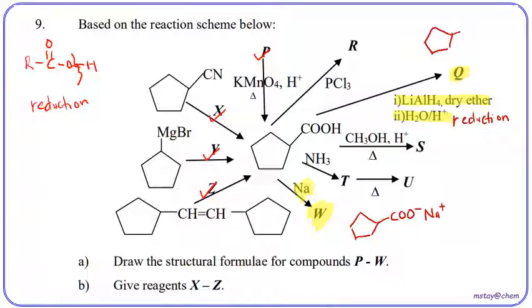Carboxylic acid undergoing reduction will form primary alcohol. So the COOH will become CH2OH. From here we can see we lose oxygen and gain hydrogen.